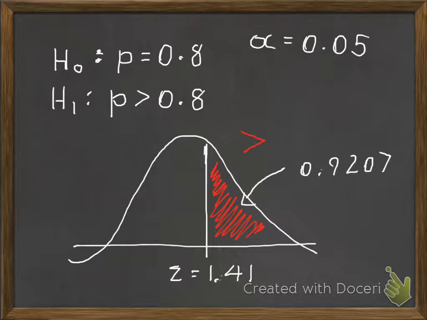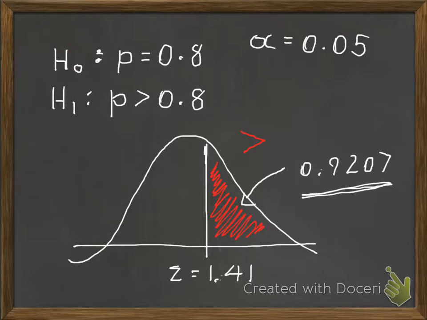When I look up the area of this red shaded region, I have to remember that table A2 does not provide areas to the right. So the area that I obtained in table A2 is the area to the left.